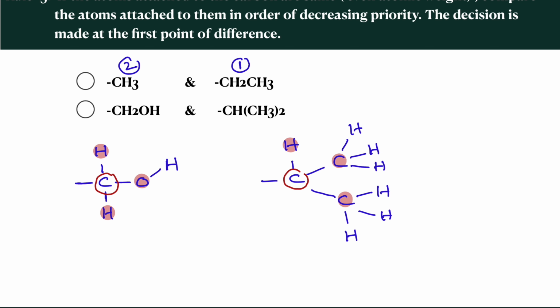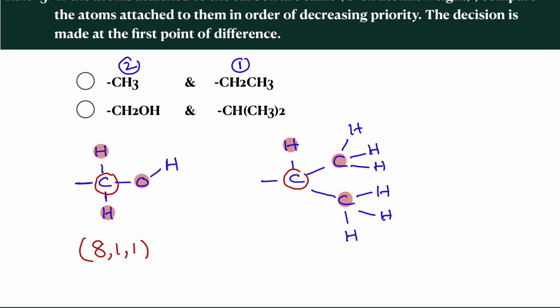Now you need to compare the atoms attached to the first atom. That means you have to compare the second atoms in decreasing order of their atomic number. Here in the first example we have hydrogen, oxygen, hydrogen, in decreasing order of atomic number 8 1 1.